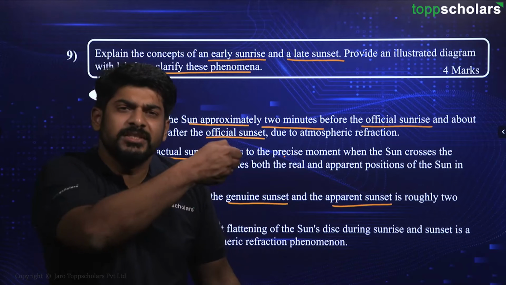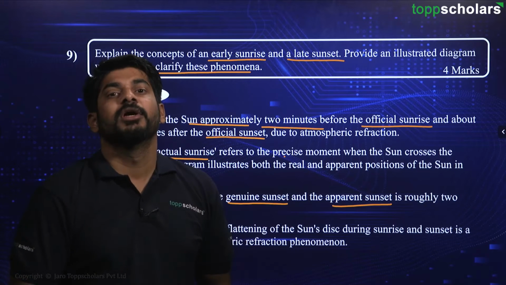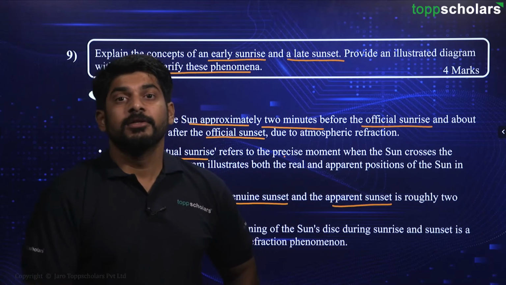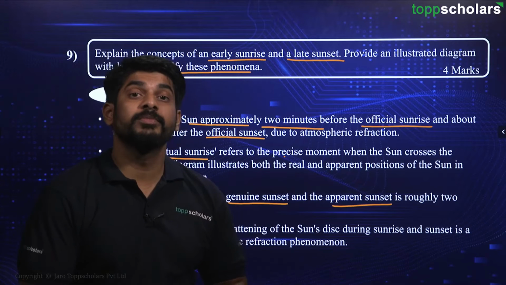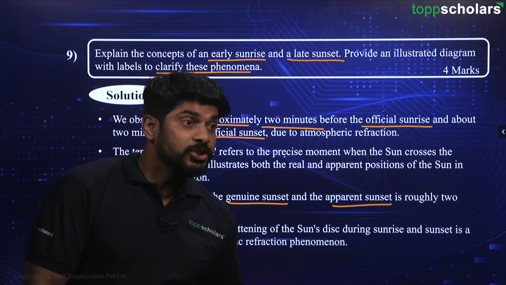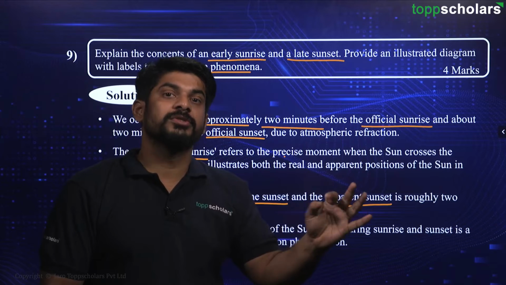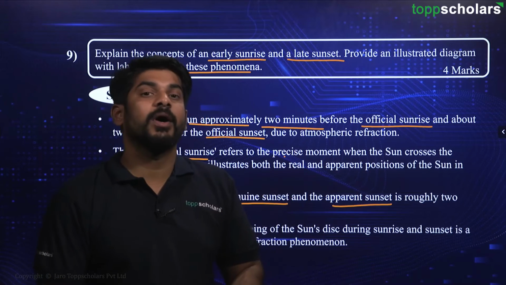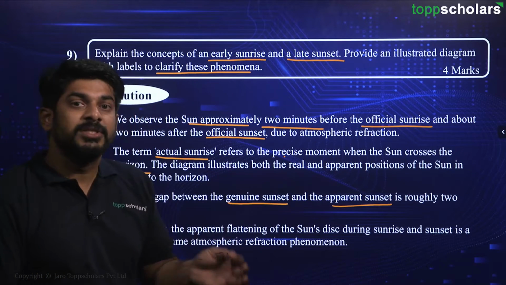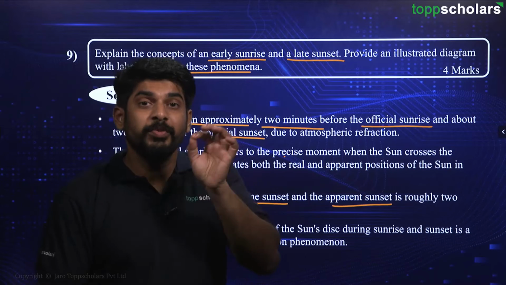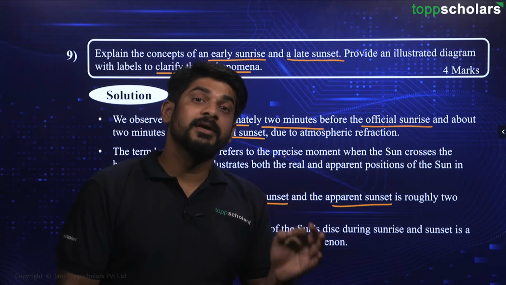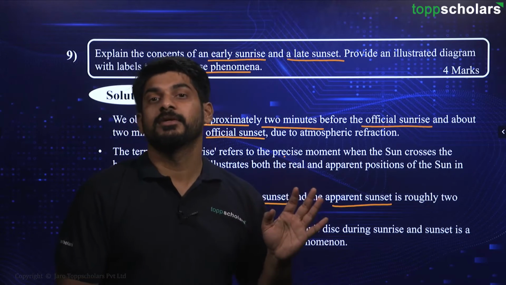That means it changes its path a little bit. And due to this, the apparent position of the sun appears to be just above the original position. And this is why the sun seems to rise 2 minutes earlier than its actual or official timing.